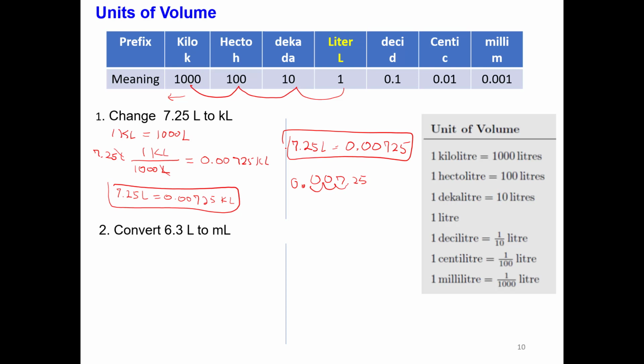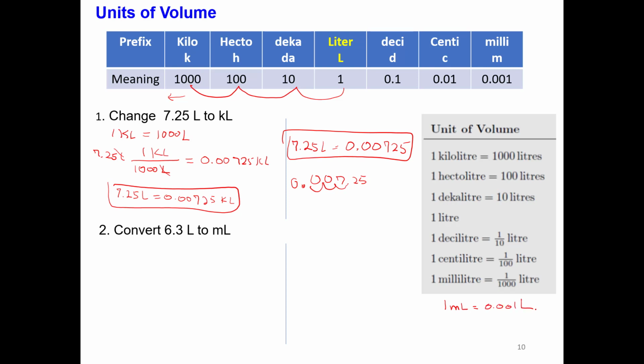And now we want to convert 6.3 liters to milliliters. Then we need to convert liters into milliliters. And we know we can write this one like 0.001 liter.